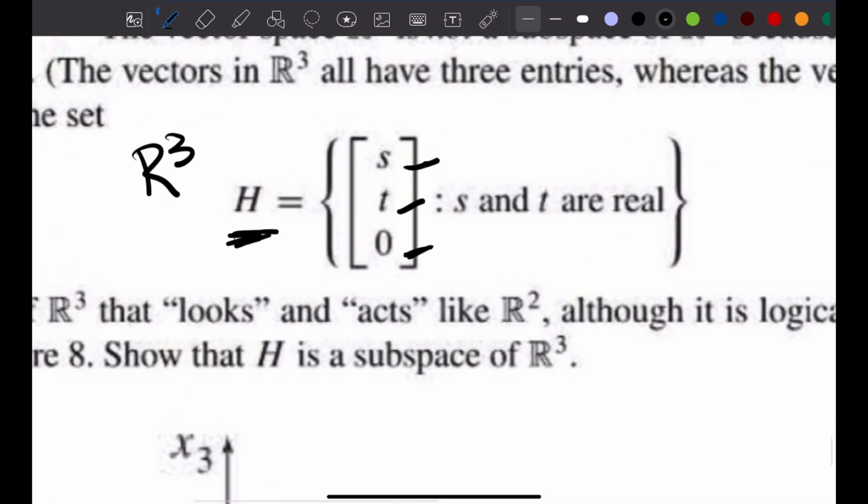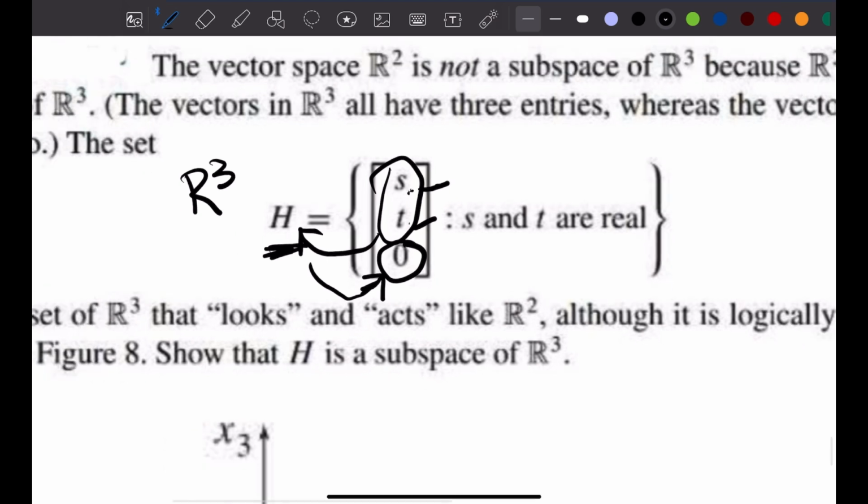These two can be any real numbers, but the last one, to keep it consistent with H, must be 0. The last one cannot be any other number than 0, but the others can be any real number.